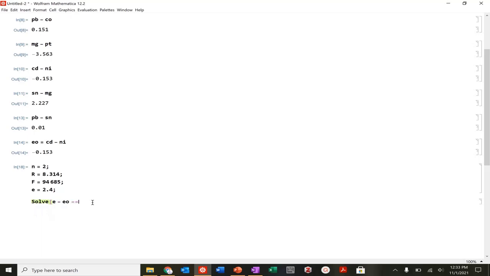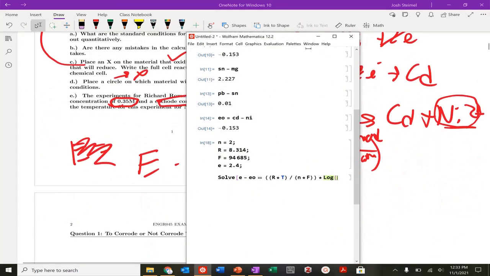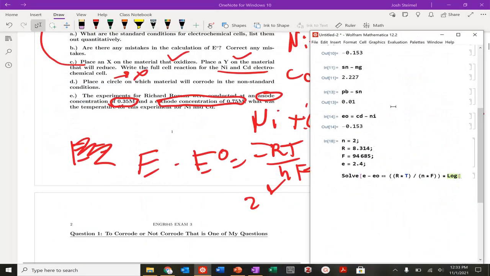E minus E naught is set equal to RT divided by NF, times the log of the concentration of my anode over the concentration of my cathode. So anode was 0.35 divided by 0.75, and then solve. That's a pretty insane temperature, but that's what it is.